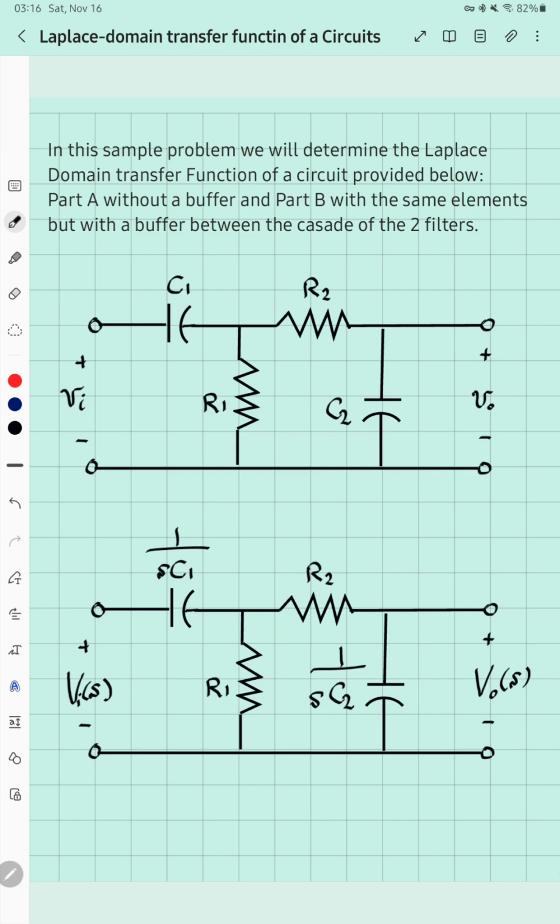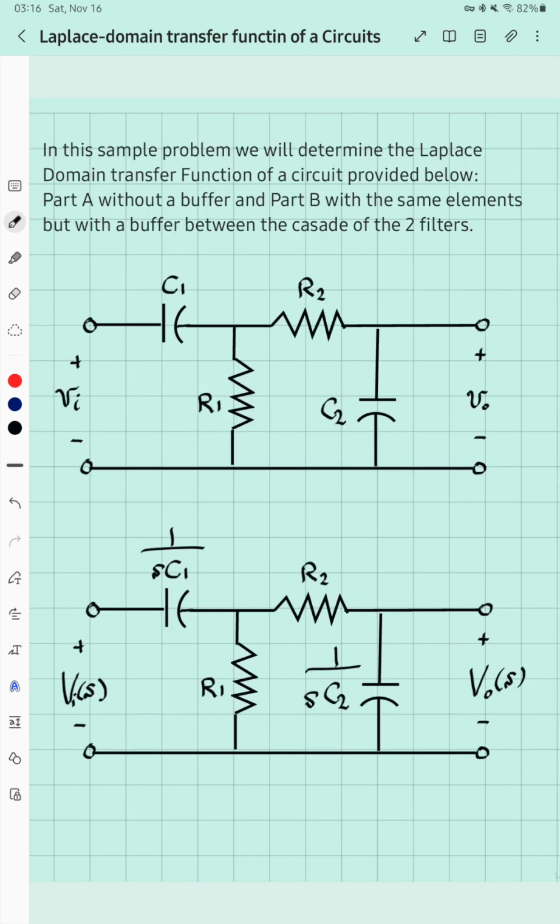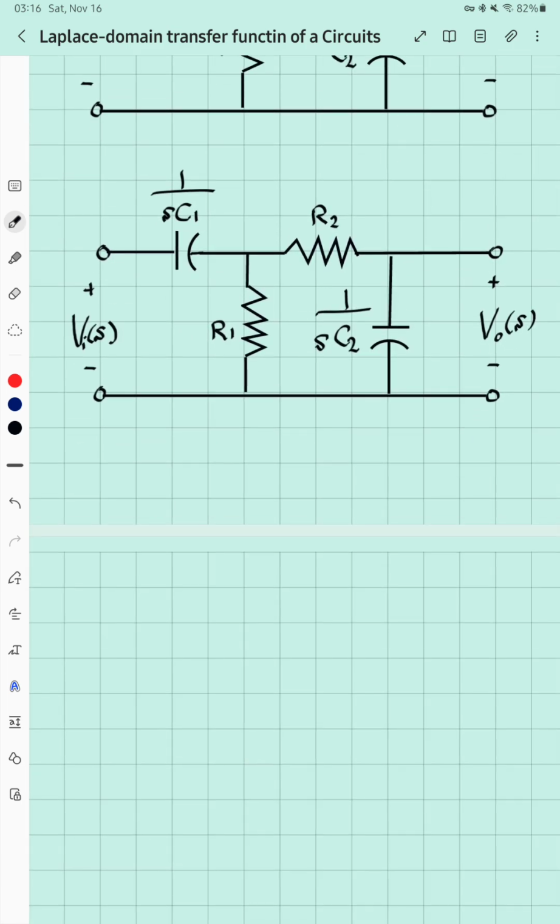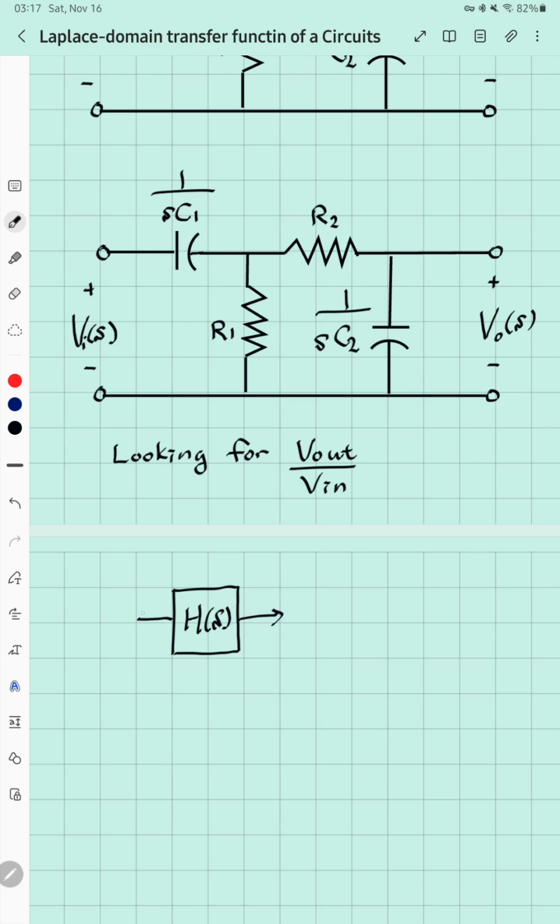Okay, and we are looking for a transfer function. So what do we say about a transfer function? We are looking for V out over V in. We always draw a box. Let's say the transfer function is H of s, with V in going in and V out coming out.